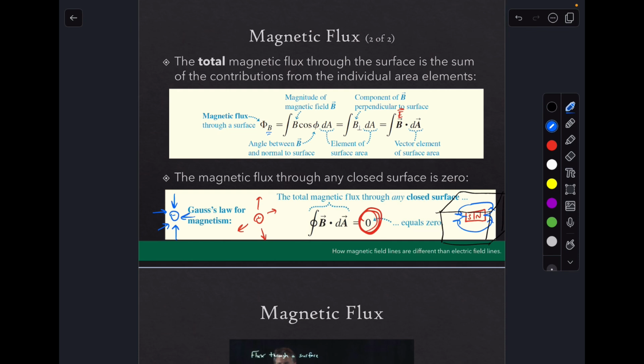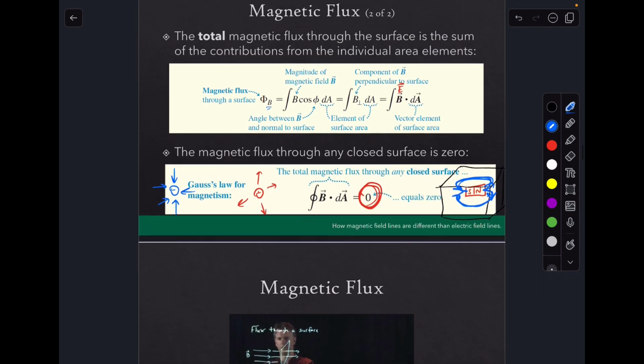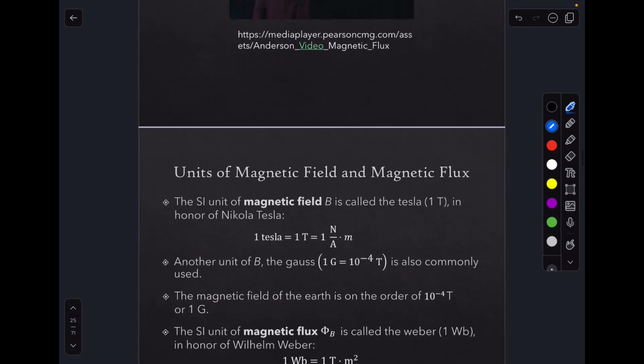But when we look at magnetic field lines, you have the toward and the away in one object. Away from north into south. So you have that field line basically canceling itself out, and so you will have no net flux through any closed surface. That's just some interesting math there.